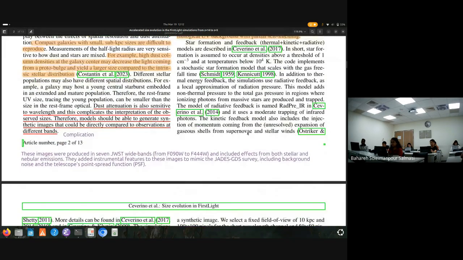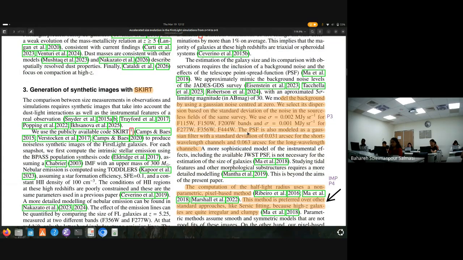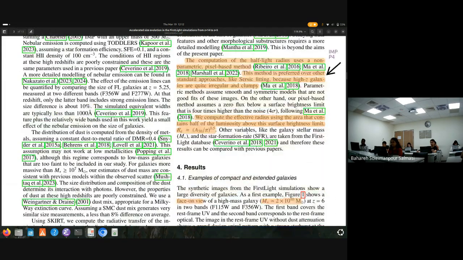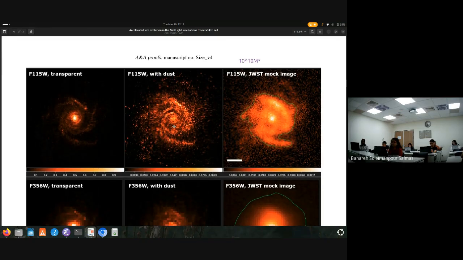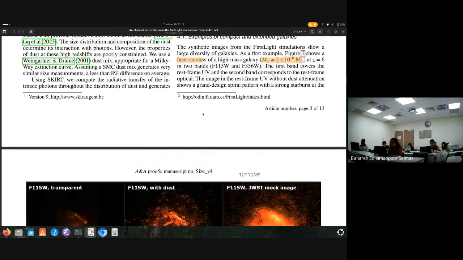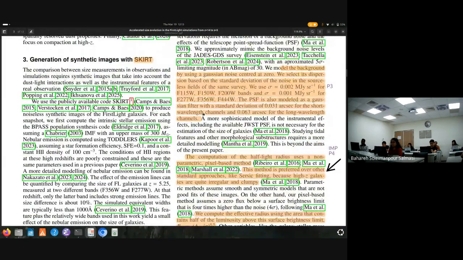The only thing which I would like to point out in this simulation is that they basically generate the JWST images like these. They generate these images for all 7 bands, and they incorporate dust. They also incorporate the instrumental effects of the JWST, and they use the PSFs as mentioned in this paragraph.